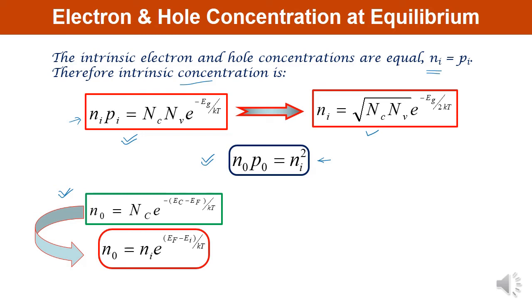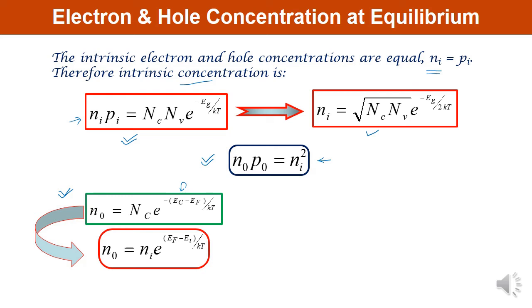Ef is the Fermi level, energy of the Fermi level. So from here you can write down n naught as Ni e raised to the power (Ef minus Ei) upon kT. Just you have manipulated the terms. So this is how you can write down the concentration of electrons.